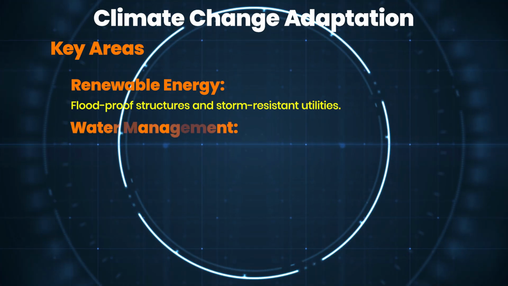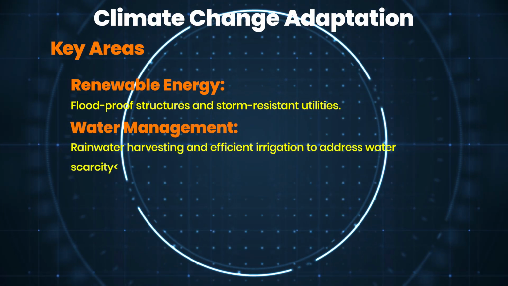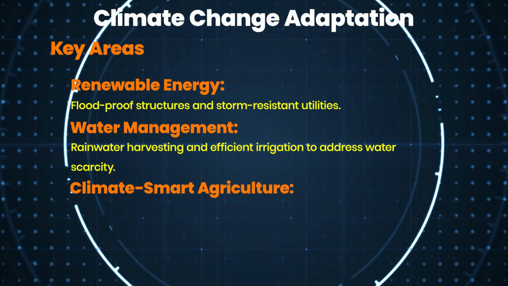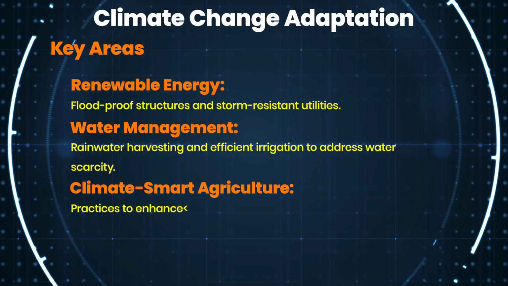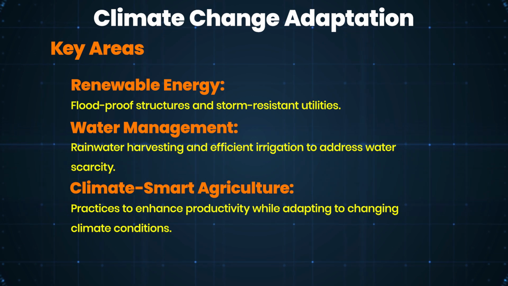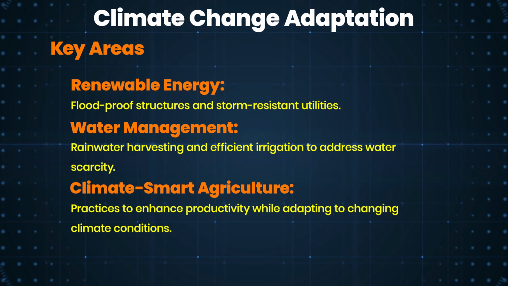Under water management, rainwater harvesting systems and efficient irrigation to address water scarcity. And for cities, climate smart cities, and for agriculture, climate smart agriculture practices to enhance productivity while adapting to changing climate conditions.